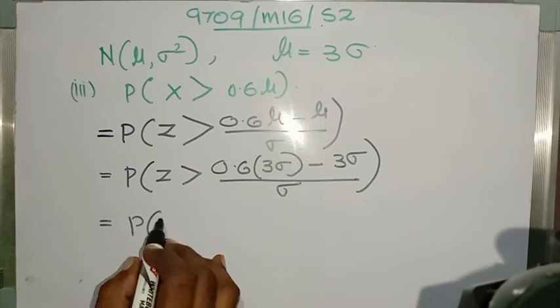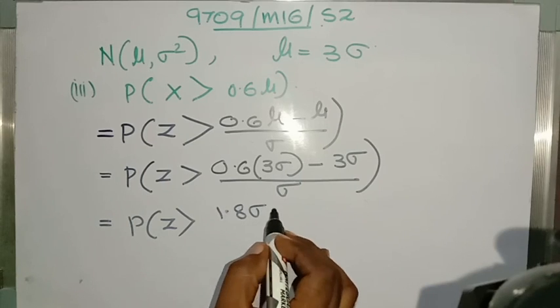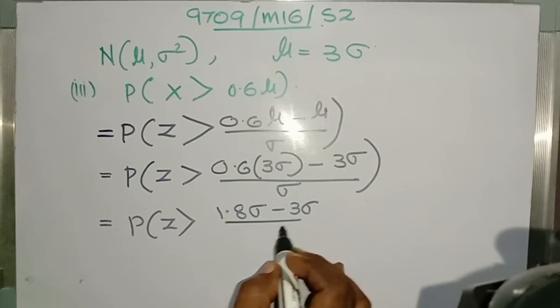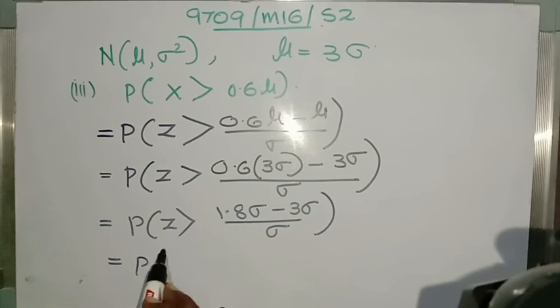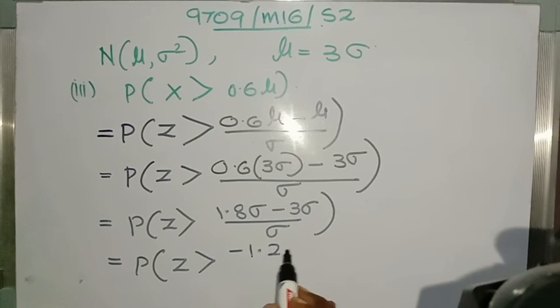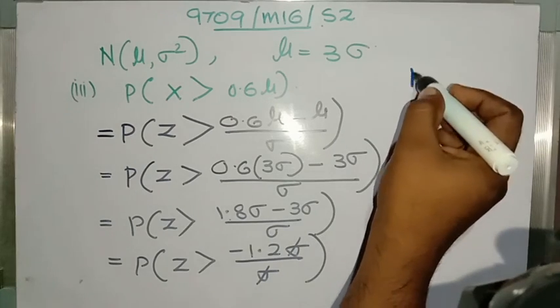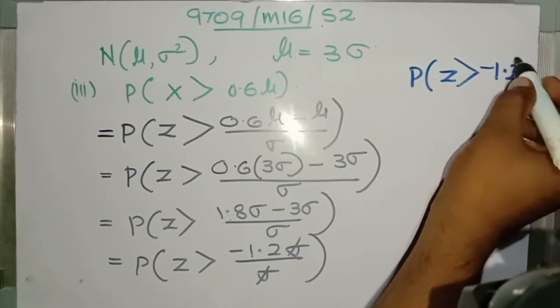That is P of z greater than (1.8 sigma minus 3 sigma) divided by sigma. That is P of z greater than (minus 1.2 sigma) divided by sigma. Sigma and sigma get cancelled. So we get the answer as P of z greater than minus 1.2.